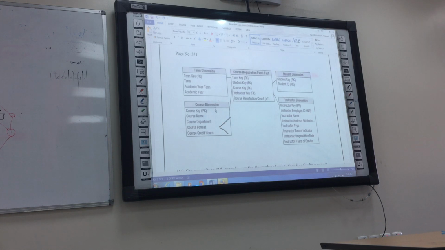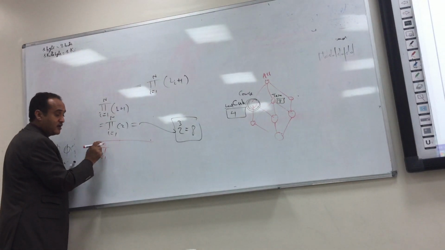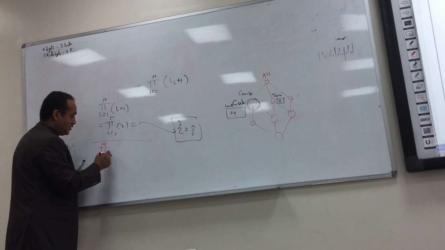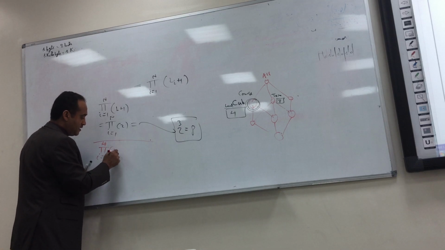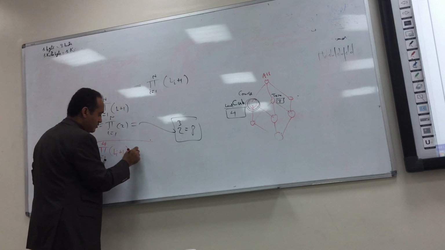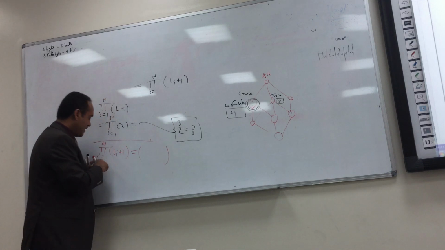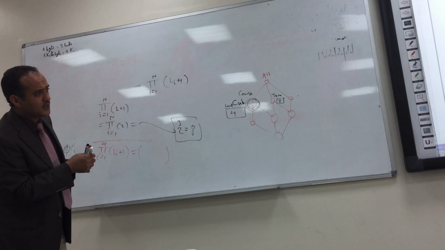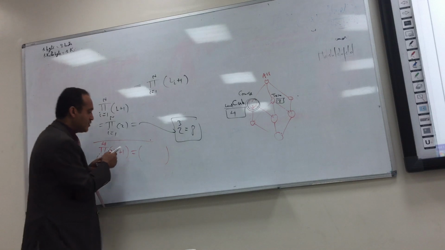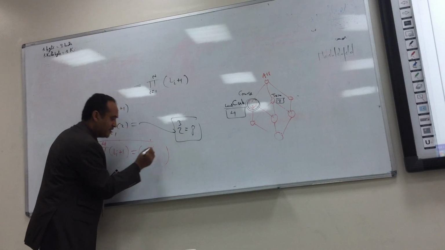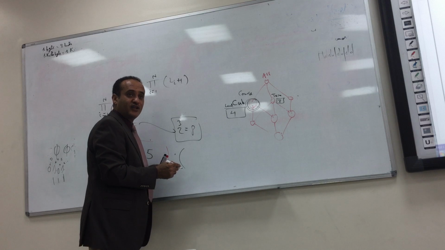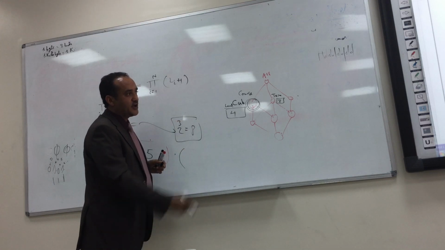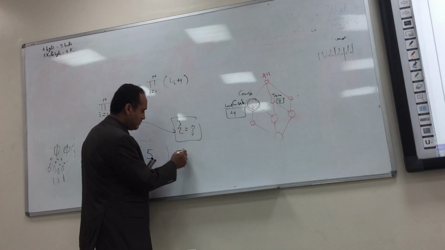It's the product over i equals 1 to n, in this case n is 4, in 4 dimensions, of level i plus 1. For the first dimension, course, how many? You said 1, 2, 3, 4, plus 1, which means I have 5 times. How many for the term? 3 plus 1, which is 4.